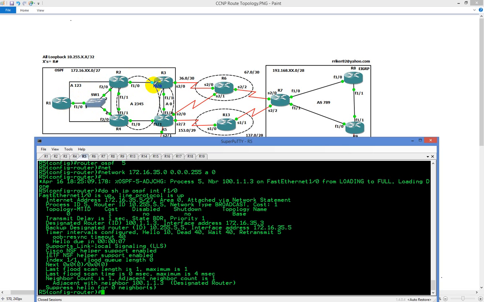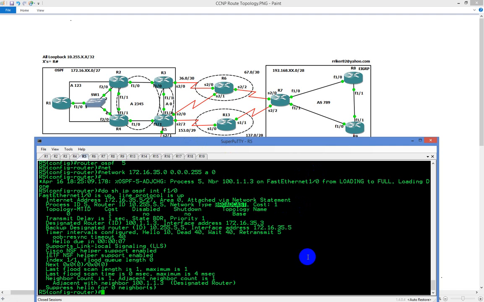He could be the BDR for another link, where router 2 could be the DR for this link right here between 1/0 and 1/1, but be the DR other on this link in area 123. So it just depends on how it all plays out. But at the end of the day, knowing what the differences are is pretty straightforward.